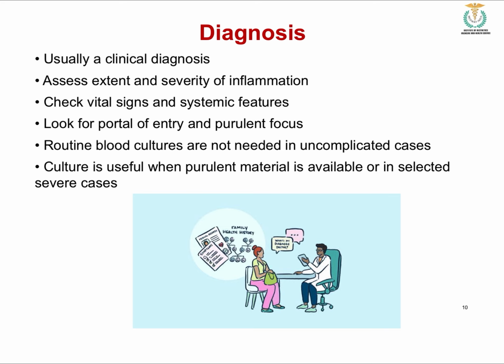Routine blood investigations and routine blood cultures are generally not necessary in an uncomplicated patient. However, cultures can become useful when there is purulent material that can be sampled, or when the patient is severely ill or has unusual risk factors. The most important principle here is don't delay the treatment while waiting for unnecessary investigations in a typical uncomplicated case.